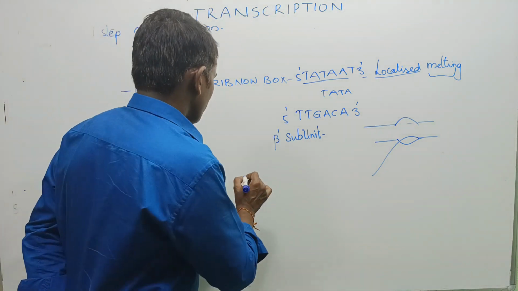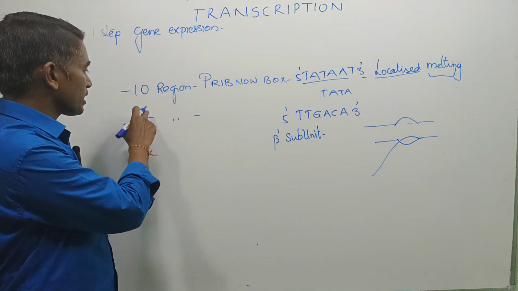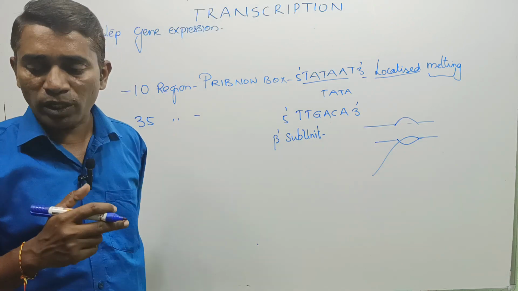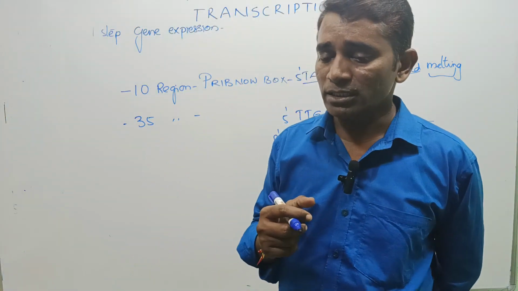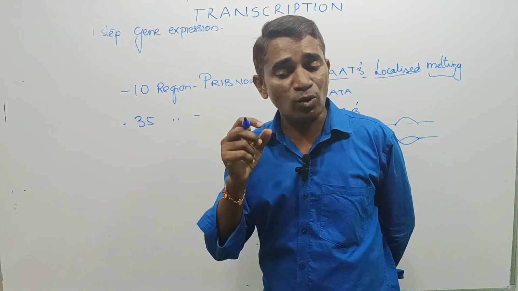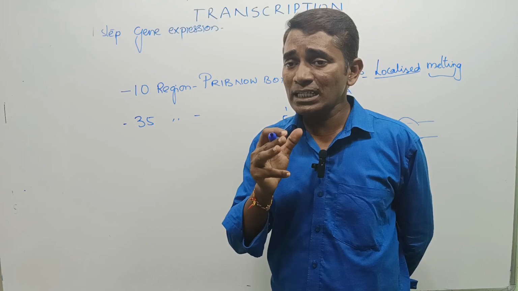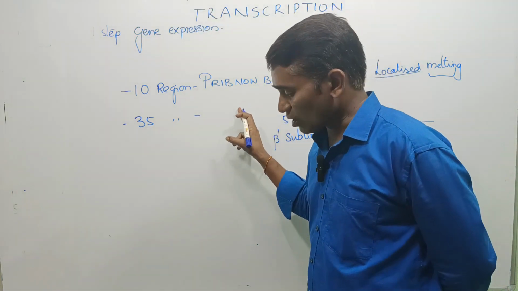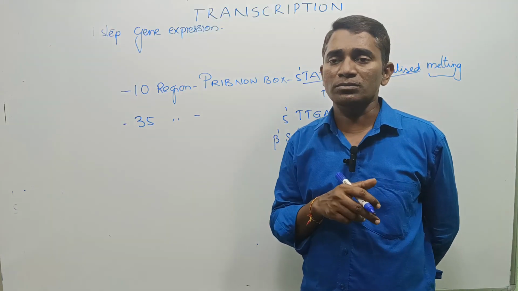In between the -10 and -35 upstream regions, at 17 to 19 base pairs, there is another sequence. This is concerned with the correct orientation of the RNA polymerase enzyme. So these three regions are inevitable for the normal initiation of transcription in prokaryotic organisms.